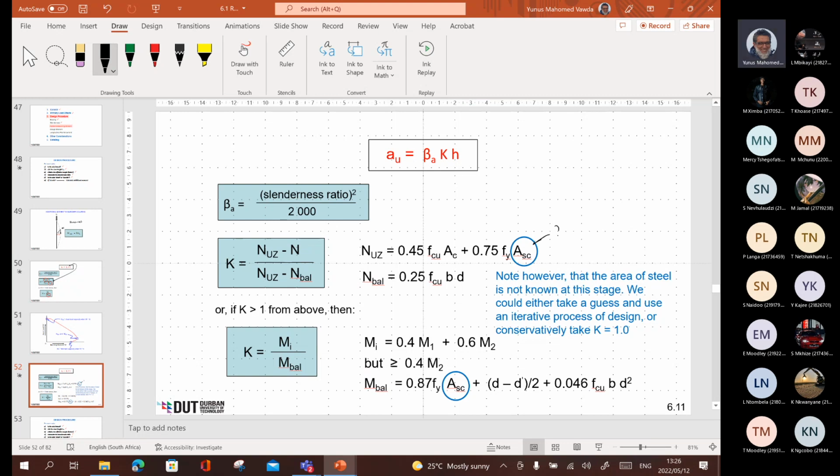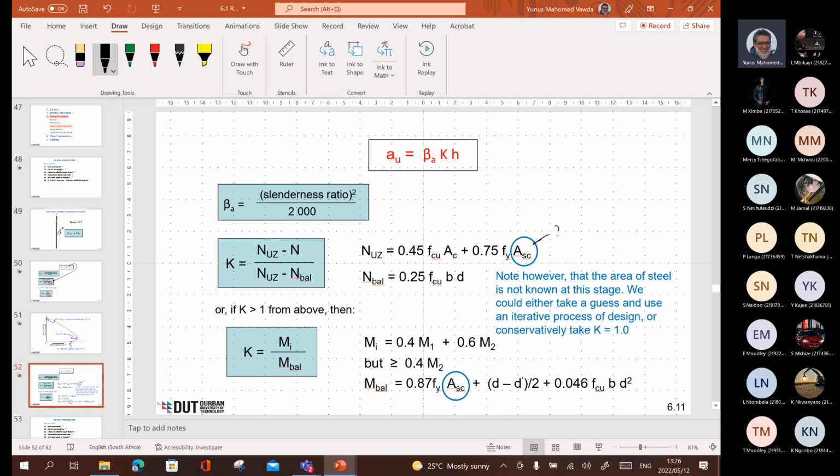If we're given a concrete section with the steel, then it's different. In the example we did yesterday, we knew the area of the steel, that's how we could calculate it. In other words, this is the resistance of the section. We knew the strength of the concrete and the dimensions, we subtracted the area of steel from the concrete area, and we multiplied the steel area by its stress, and we got N_uz, the permissible force that we can carry.